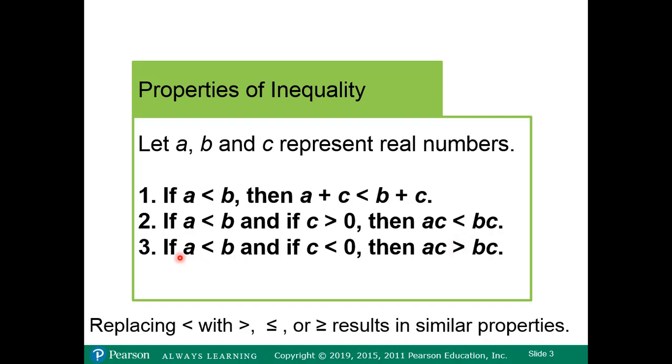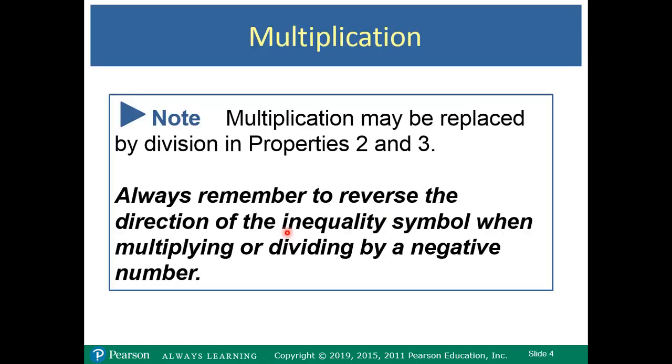So this third one is the one you've got to watch out for, because whenever you multiply or divide by a negative number, you must flip the inequality. Also, you can replace the symbol with any one of these symbols and you're going to get similar results for the properties.